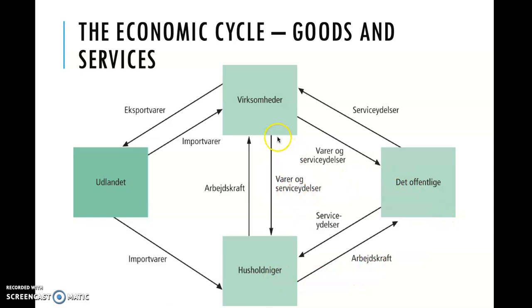Goods and services go from companies to households. People in work go from the households to the companies. So there's a connection between all of them.